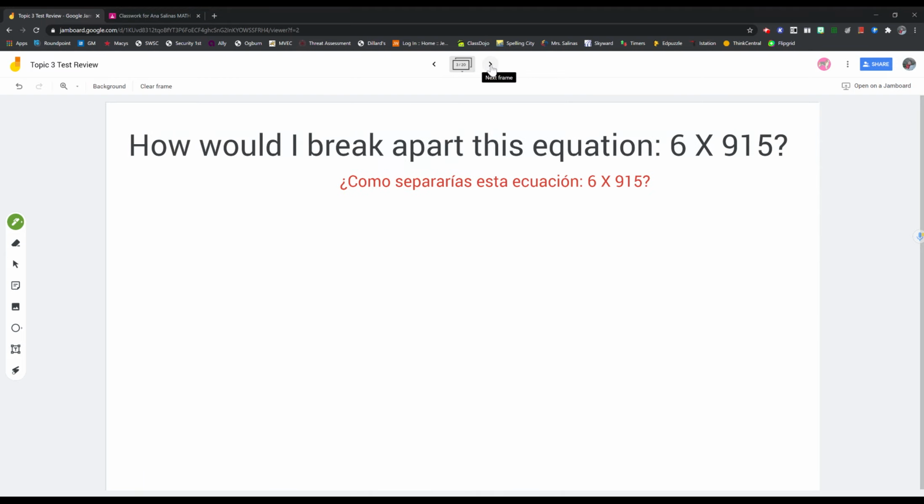How would I break apart this equation? 6 times 915. So we always break apart the larger number. How would I break apart 915? Well, the 9 is in the hundreds place. The 1 is in the tens place. And the 5 is in the ones place. So this would be already broken apart.